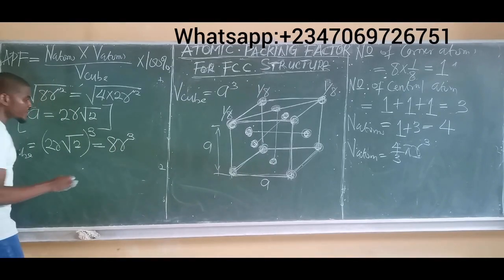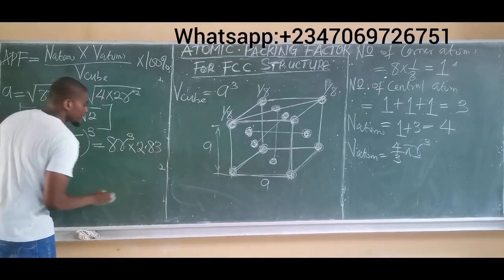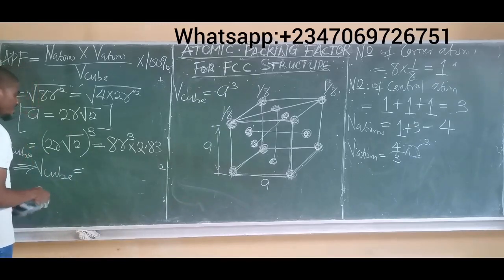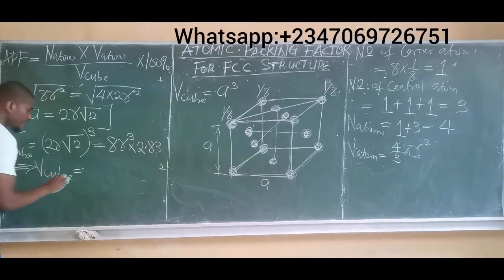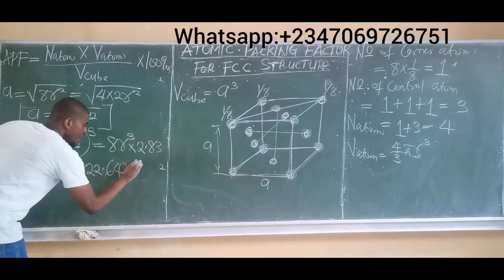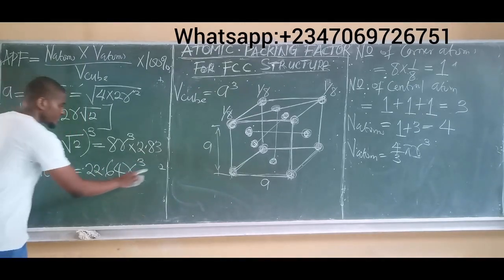So root 2 to the power of 3 gives us 2.83. Now we find 8 multiplies 2.83. This implies that the volume of the cube is equal to, let's find 8 multiplies 2.83, that gives us 22.64 r to the power of 3. So this is the volume of the cube.